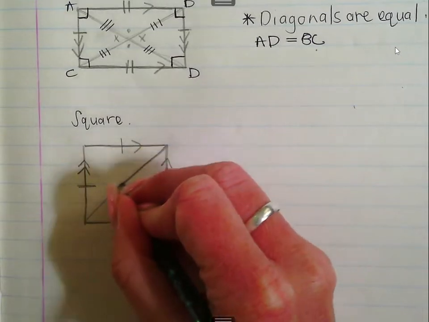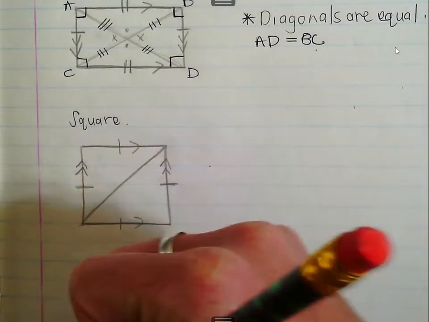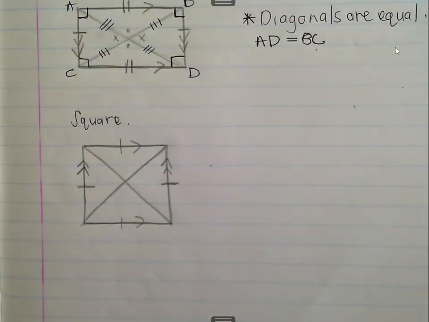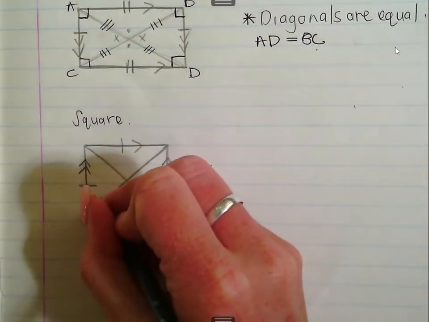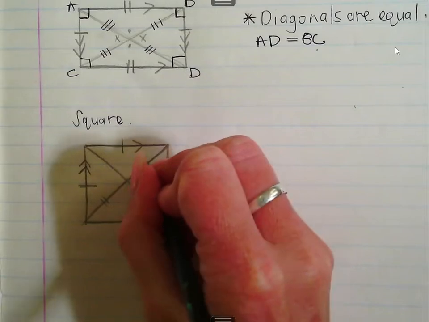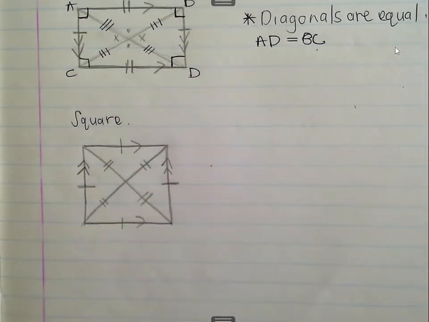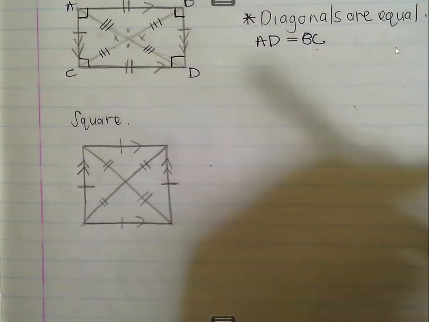It's got the diagonals that bisect each other. And just like the rectangle, they are all equal to each other.